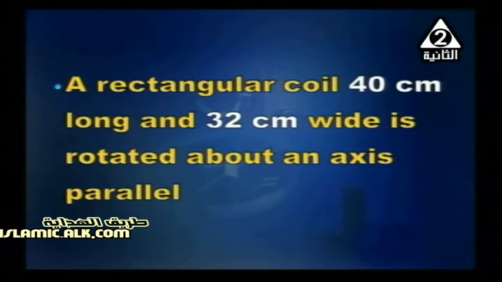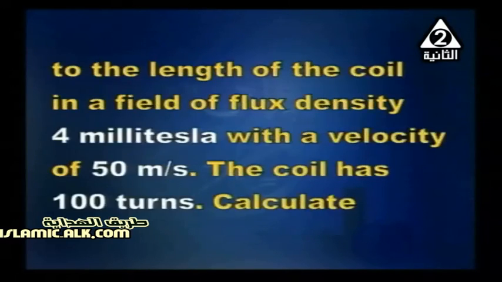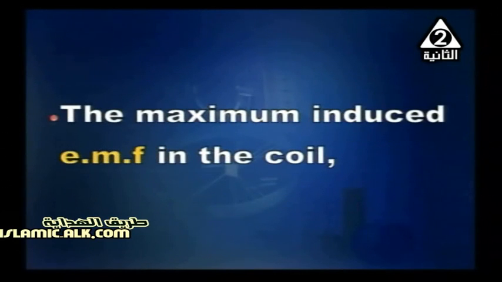The coil is rotated about an axis parallel to its length, in a field of flux density 4 millitesla, with a velocity of 50 meters per second. This is the linear velocity. The coil has 100 turns. We want you to calculate the maximum induced EMF in the coil.